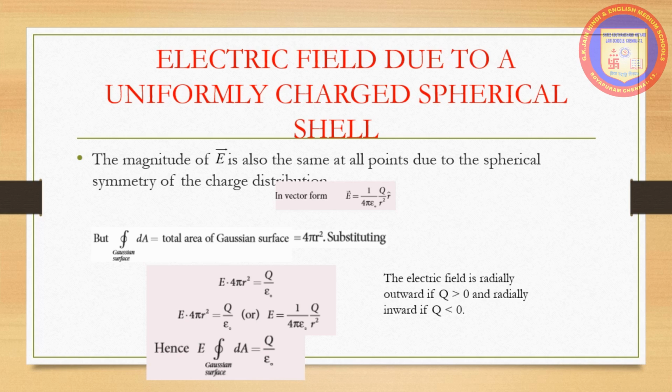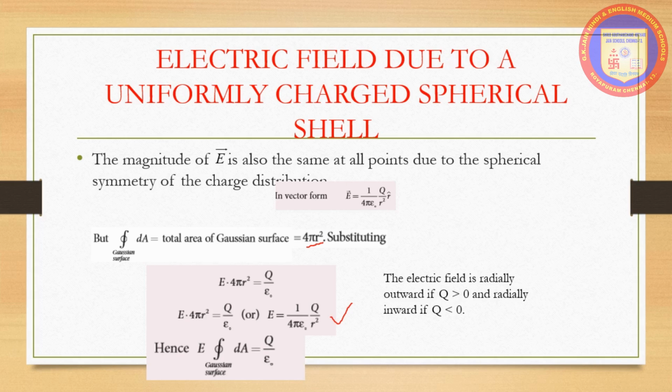Hence, E times the closed integral over the Gaussian surface of dA is equal to q by epsilon naught. But the closed integral of dA is equal to the total area of the Gaussian surface, which is 4 pi r square. Substituting, E into 4 pi r square is equal to q by epsilon naught, where E is equal to 1 by 4 pi epsilon naught q by r square.